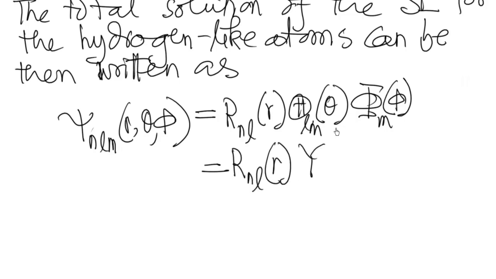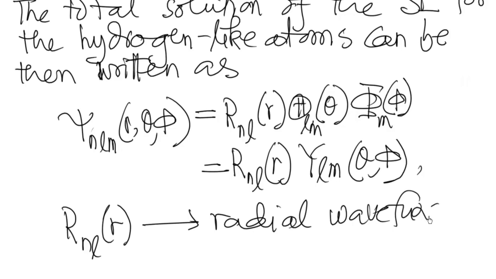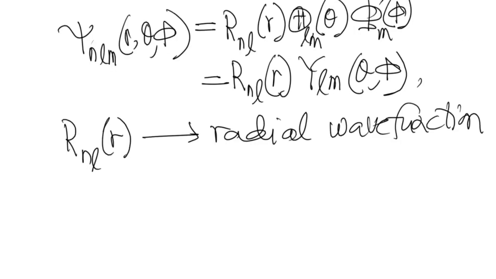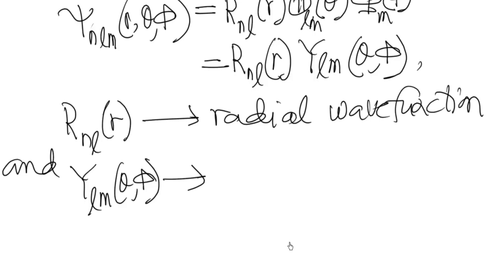The product of these two is written as Y L M, a function of theta and phi, where R n L of r is the radial wave function, and Y L M of theta phi is the product of two angular wave functions and represents the spherical harmonics.